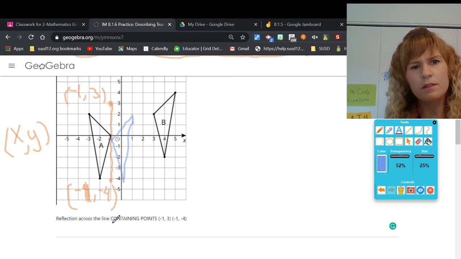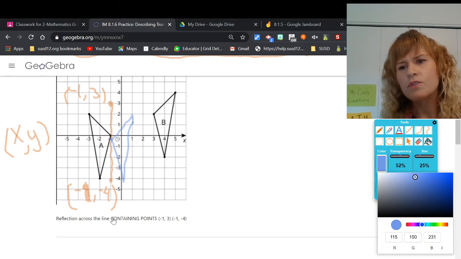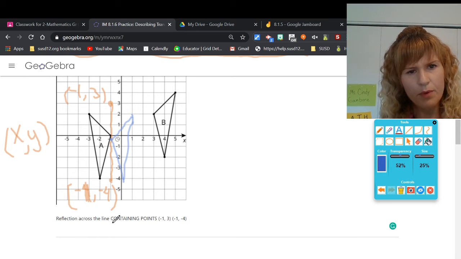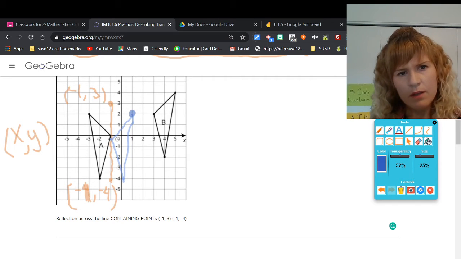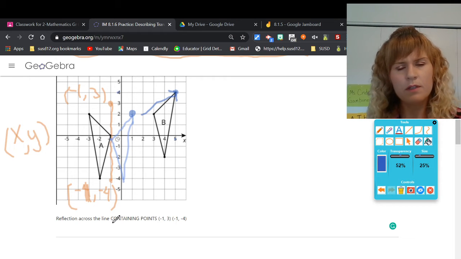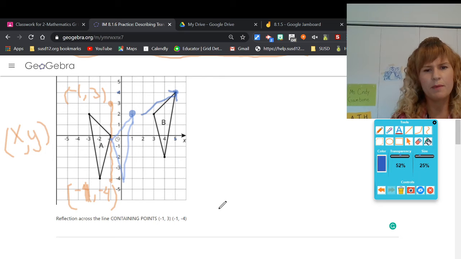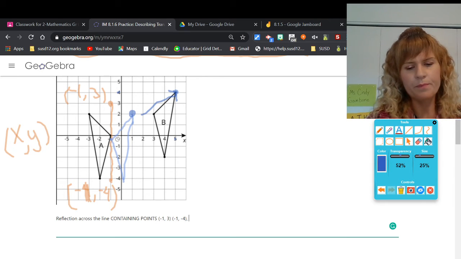How about a translation from point 1, 2, coordinates 1, 2, translation to point 5, 4. Let me type in my answer. Now you could do this many ways.